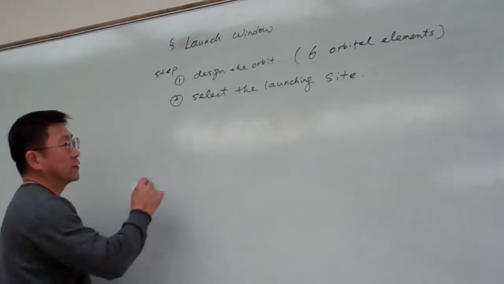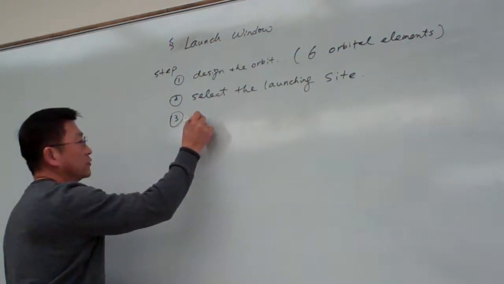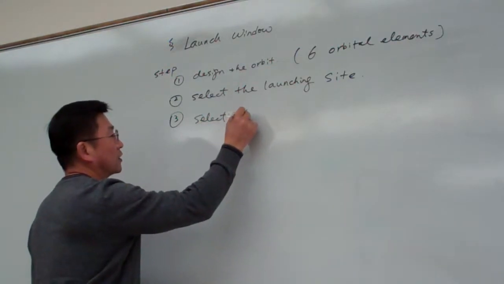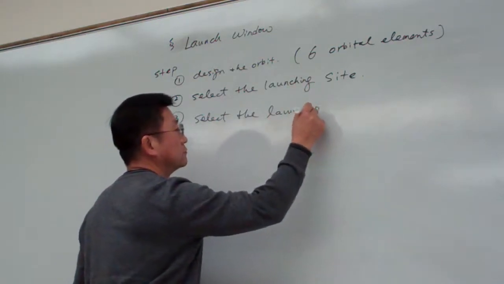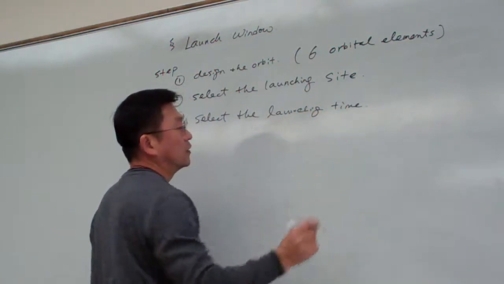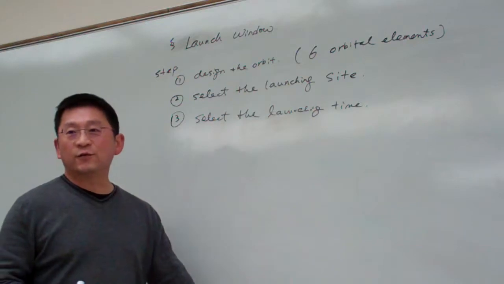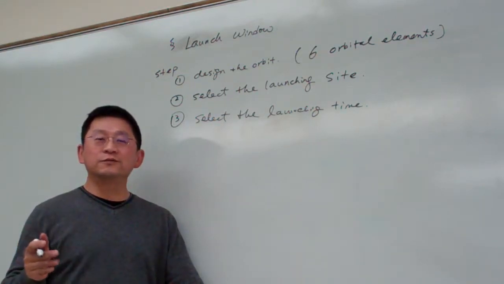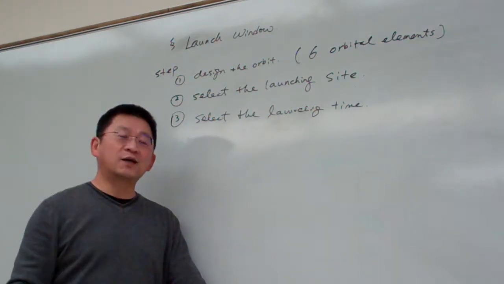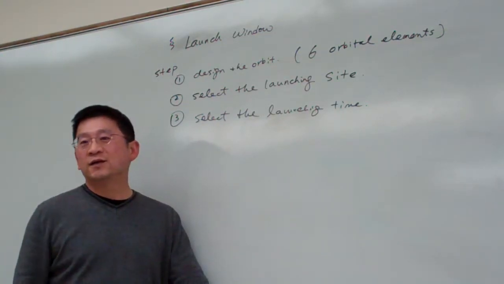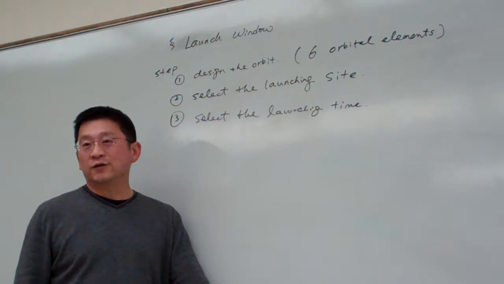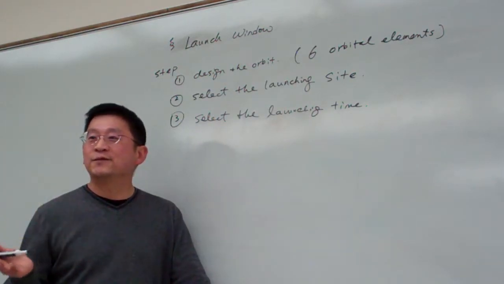Once you select the launching site, the next step is to select the launch time. You have to be precise, otherwise you're going to consume fuel. Once the satellite is in space, if it is not on the orbit, the next step is to do an orbit transfer, right?